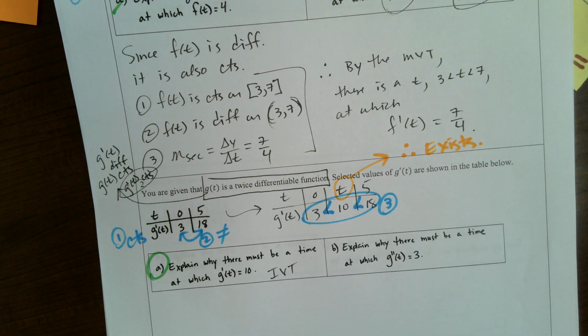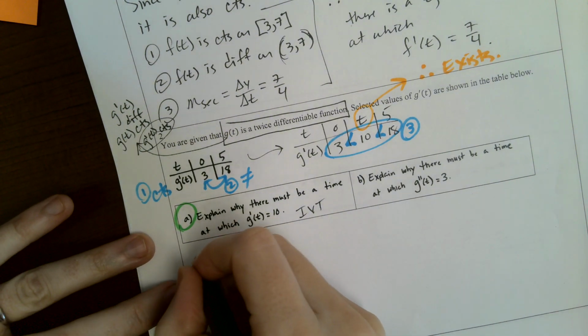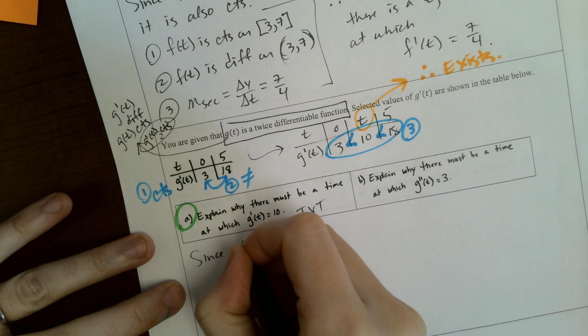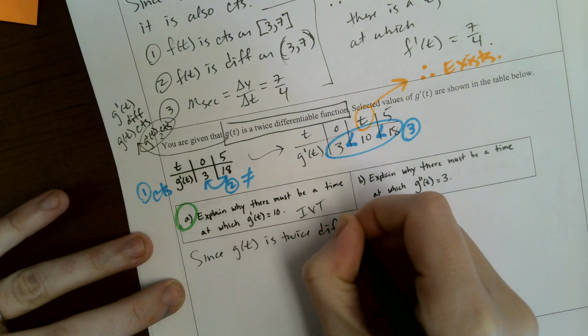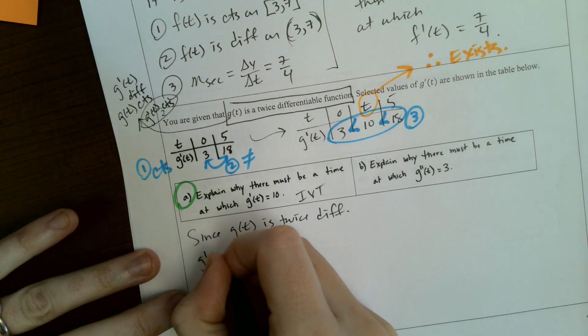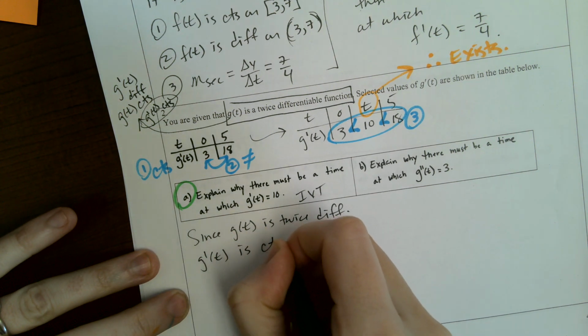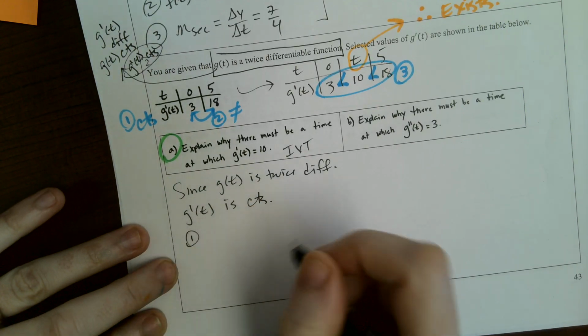Nice. But I have to establish it because they didn't say it outright. So I'm just going to say this. Since g of t is twice differentiable, g prime of t is continuous. Now we can launch into our 3 things.